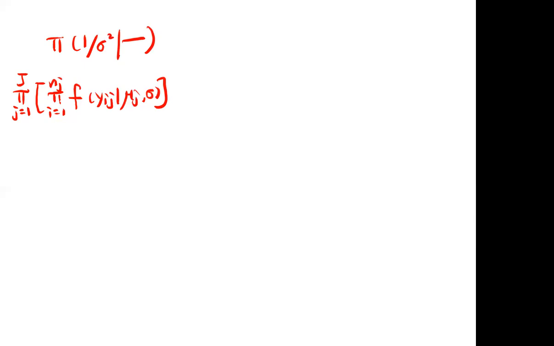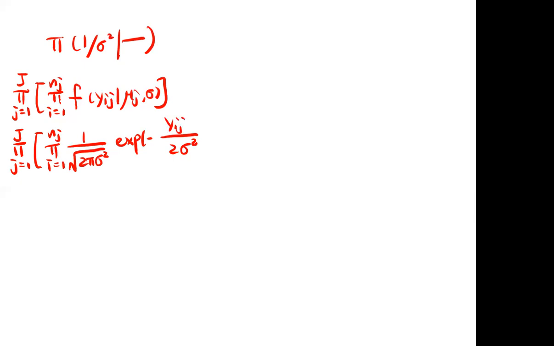So you have to keep all of them. Maybe it's useful to write out the density here: 1 over 2 pi sigma squared, and then negative 1 over 2 sigma squared times yij minus mu j squared.